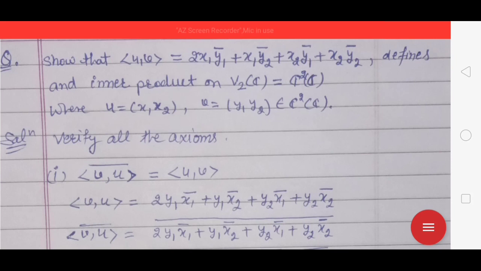Let's see. After the definition, we have a given function.